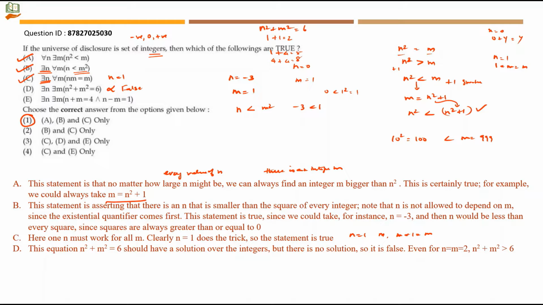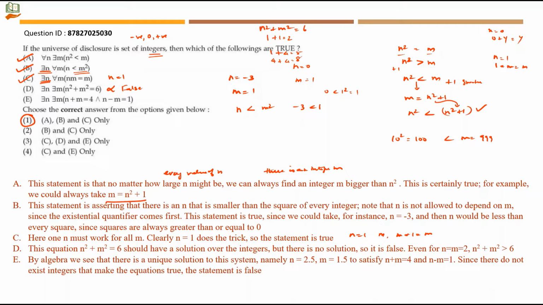Next we will check E. There exists a number n and there exists a number m. So n and m can take a particular value where n plus m is equal to 4 and n minus m is equal to 1. Now we have to randomly check if some number is going to give you 4 and their difference is going to give you 1. For which number it will get satisfied, they have given some values. So this was available in the solution book.